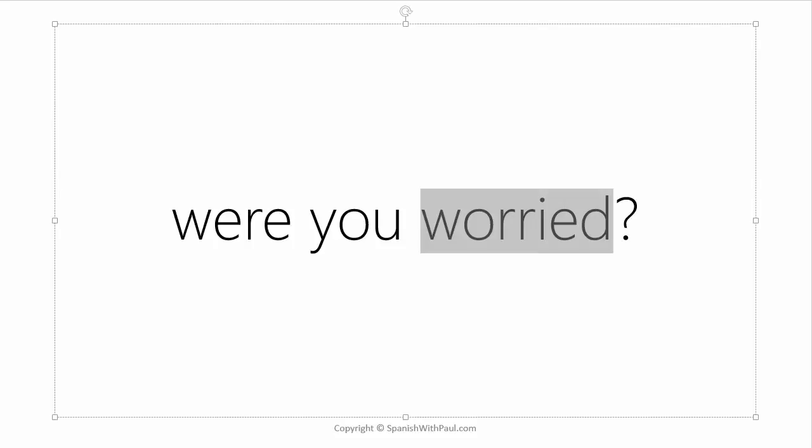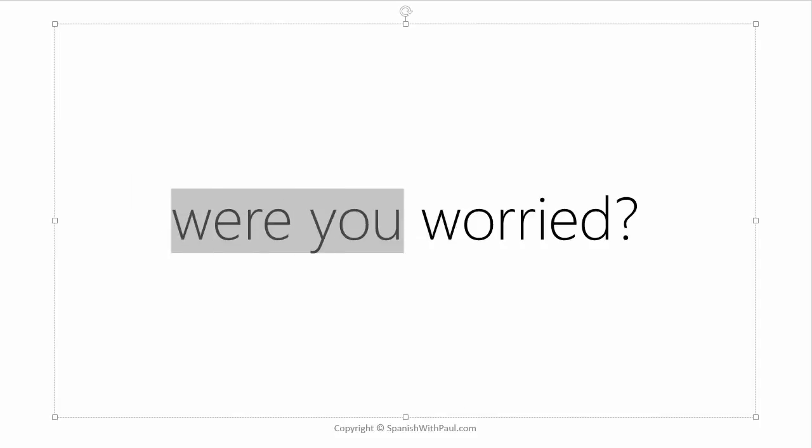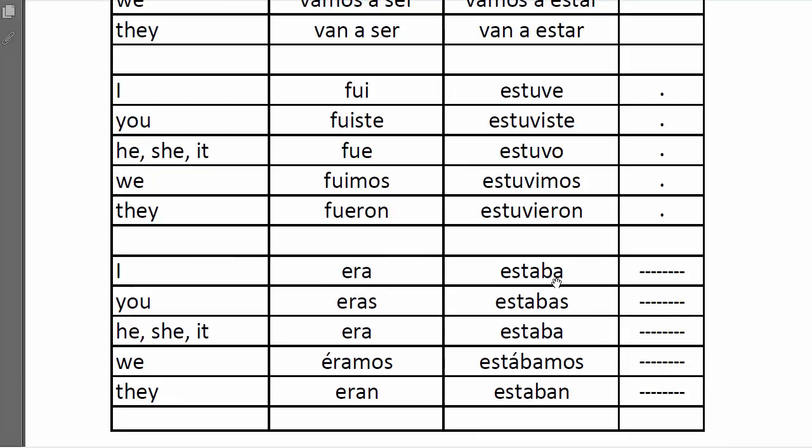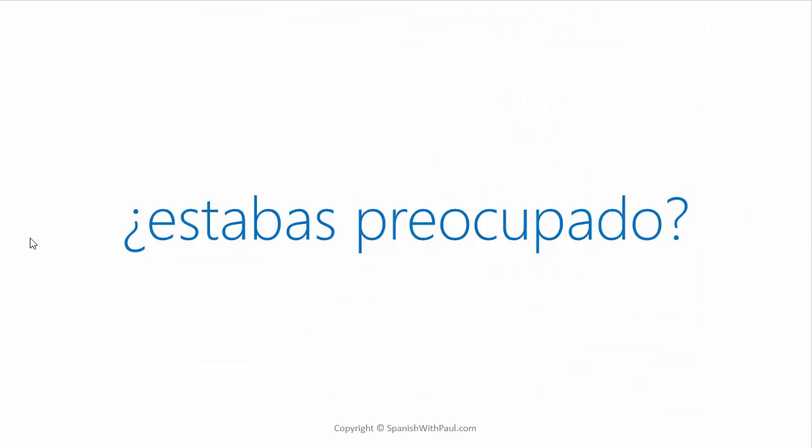I would go with a line because I have nothing measurable. So this were you is going to be estar with a line. So we have estar with a line, estabas, this one here. Going back would be estabas preocupado?